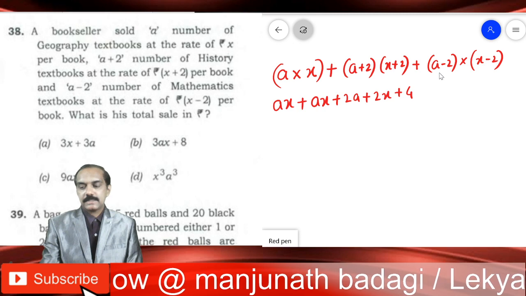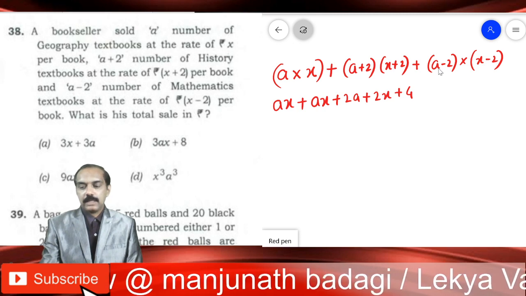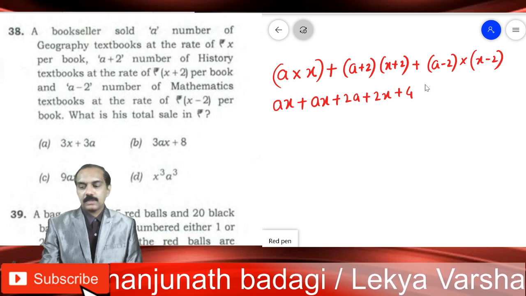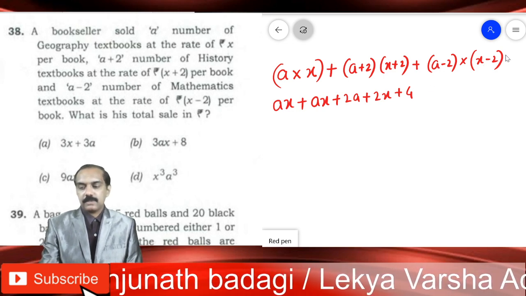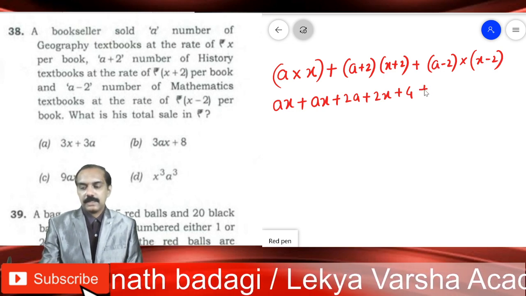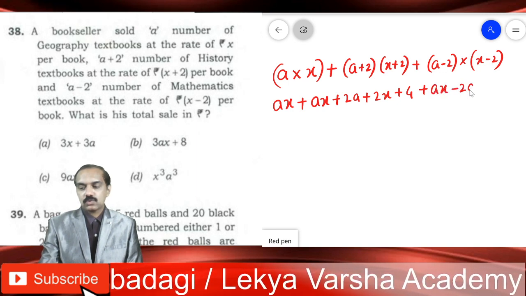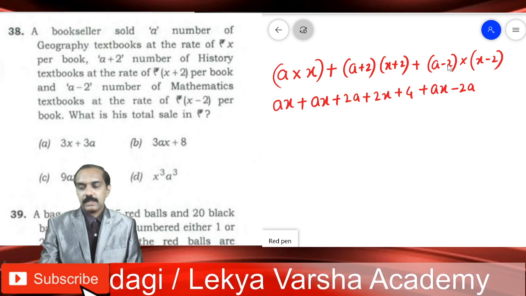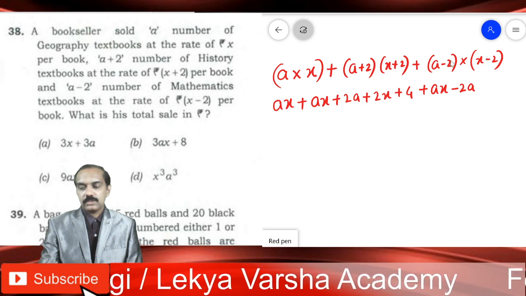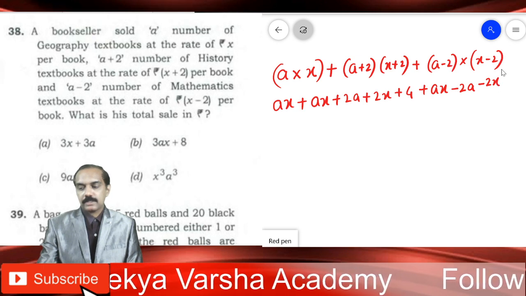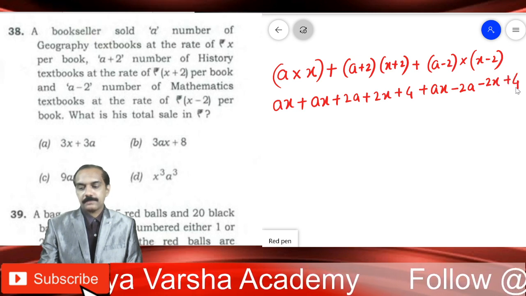Now coming to this, a should be multiplied with these two, x and minus 2. So first let us multiply a with these two, a into x, ax, a into minus 2, minus 2a, then minus 2 with these two, minus 2 into x, minus 2x, minus 2 into minus 2 plus 4.